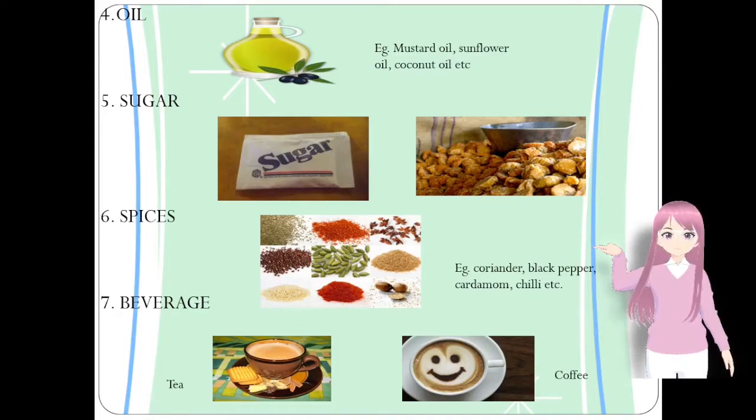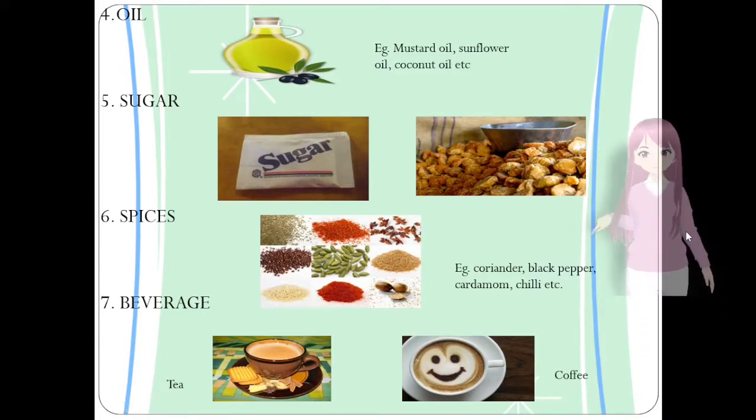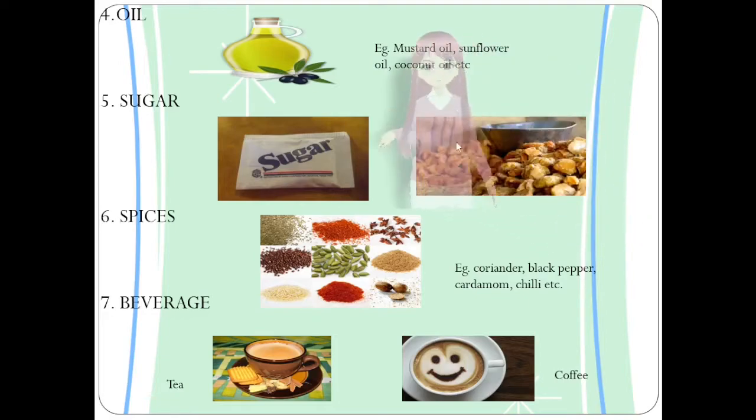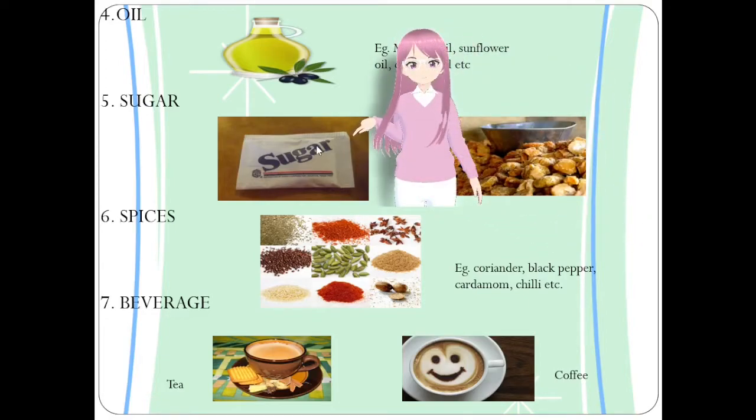See, oil provides you with warmth and energy. And if you see vegetable oil, you can ask your elders to show you the vegetable oil. This oil is actually extracted from the seeds. Okay. Then comes the next food item, which is sugar.